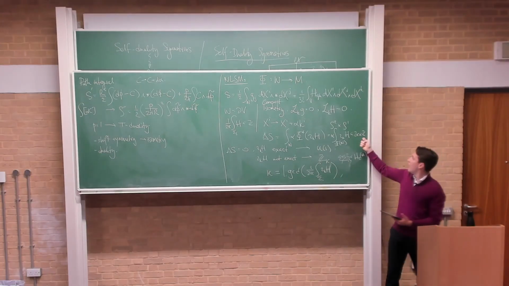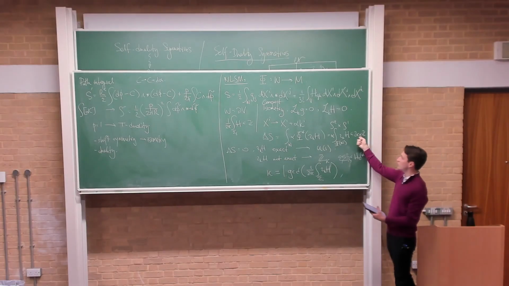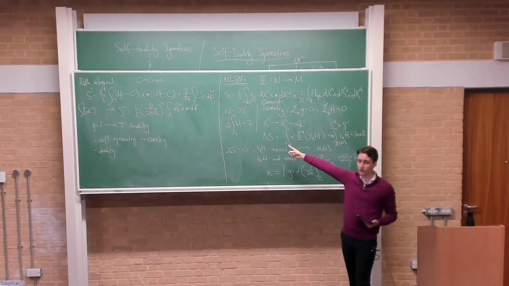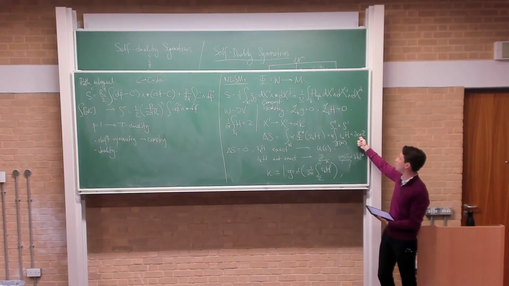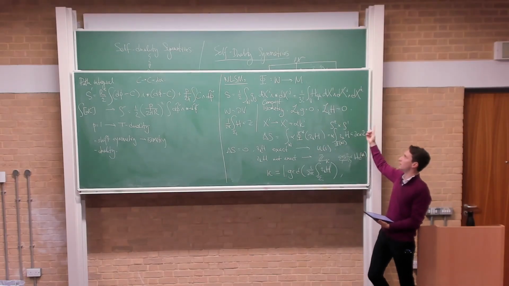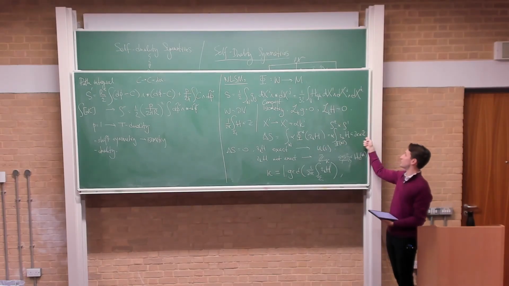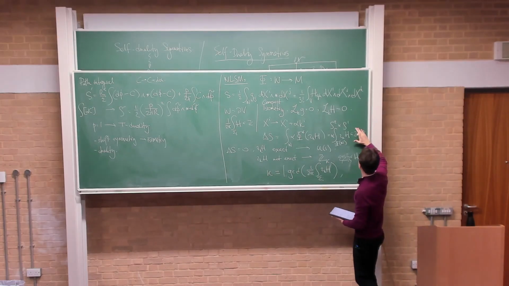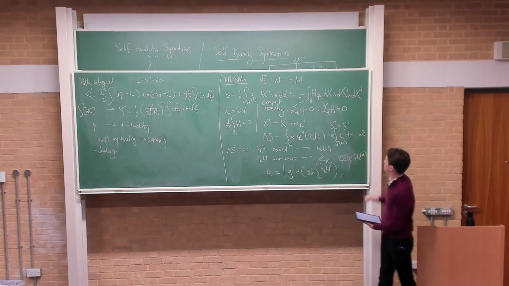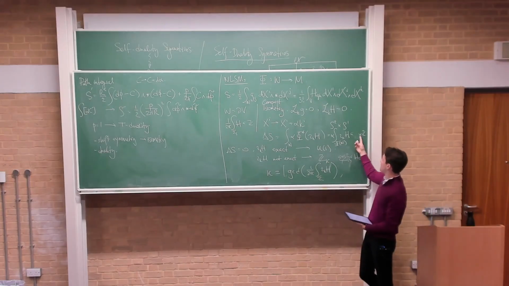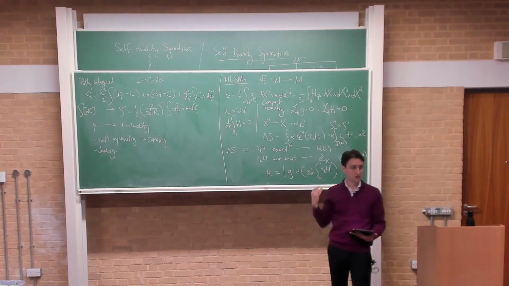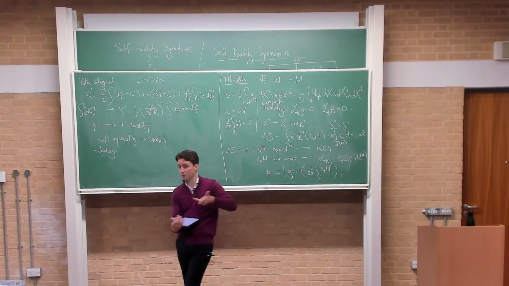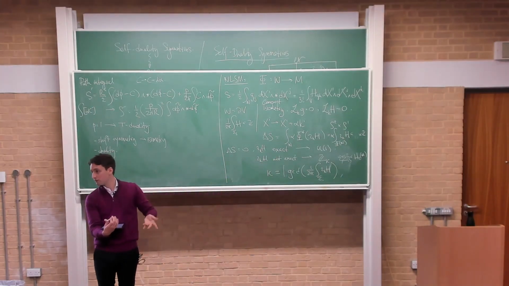Whatever integer that is, I can't shift by arbitrary alphas and get this to be a symmetry. But if I shift by an alpha that is quantized such that this thing is 2 pi times an integer, sorry, this should have been alpha times an integer, so if I shift by alpha being 2 pi over that integer, then the variation of the action is 2 pi times an integer, and so the path integral is invariant.